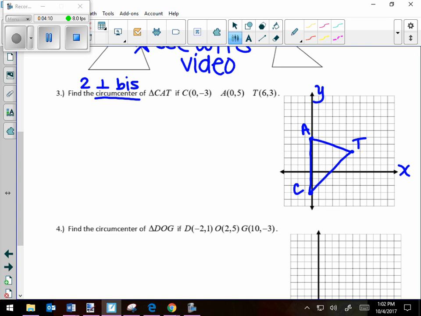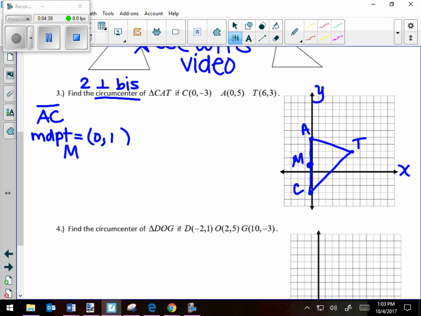So the first thing I'm going to do is look at the side of the triangle that goes from A to C. If I look at that side of the triangle, I can visually see that along AC there is a midpoint. A and C are 8 apart, so if I count 4 from either direction, I will get the midpoint, so I'm going to call that M. And the midpoint, which we are calling point M, has coordinates (0, 1).